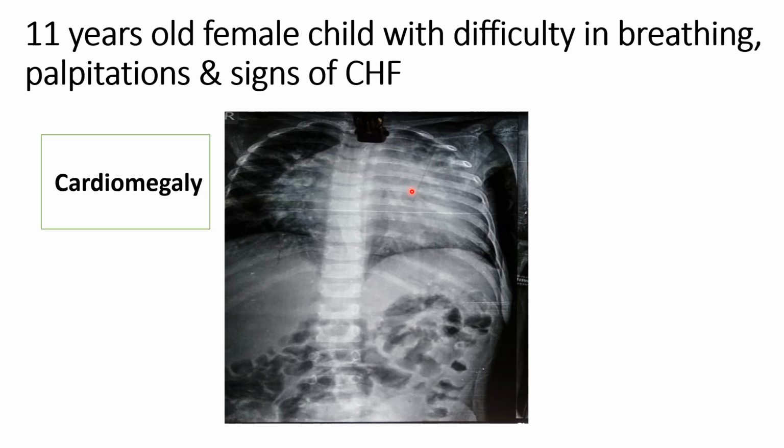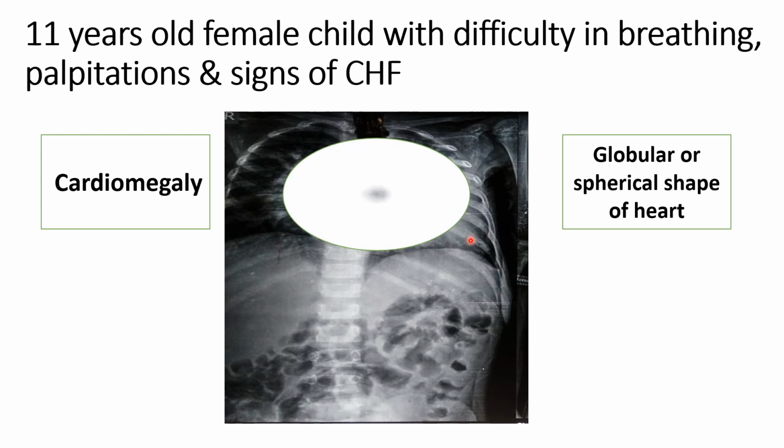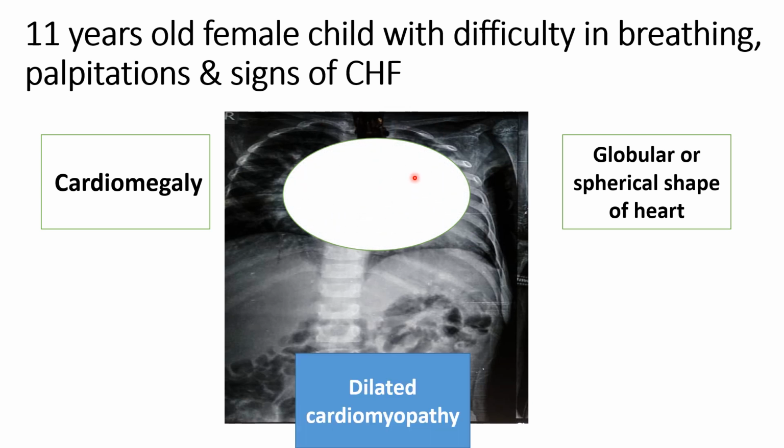So huge cardiomegaly, the left heart border is not even clearly visible. And the characteristic shape of the heart is globular and spherical. So the child had dilated cardiomyopathy because of the iron overload, and this is a complication of thalassemia major.